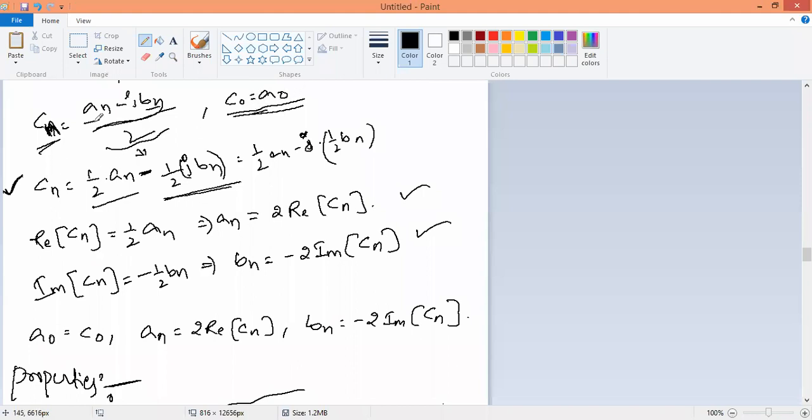Now this equation is written as Cn equal 1 by 2 an minus 1 by 2 jbn, which is written as 1 by 2 an minus j into 1 by 2 bn. We already know the real and imaginary values.